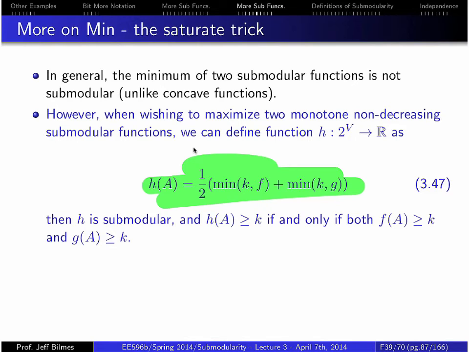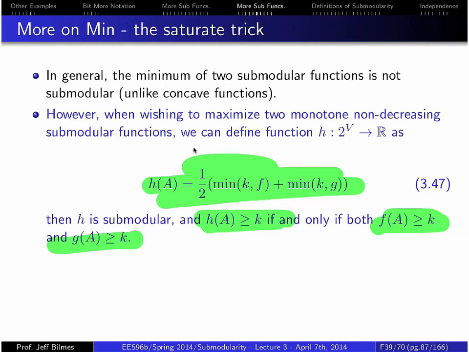It's a submodular surrogate, and it has the property that h is greater than or equal to k if and only if both f is greater than or equal to k and g is greater than or equal to k. So if you maximize h and achieve a particular value k, you're guaranteed to be good with respect to these two functions. That maybe isn't as good as maximizing the true min of f and g, but it can lead you to a strategy to maximize both, and to various bicriterion approximation strategies, which we may get into later in the course.